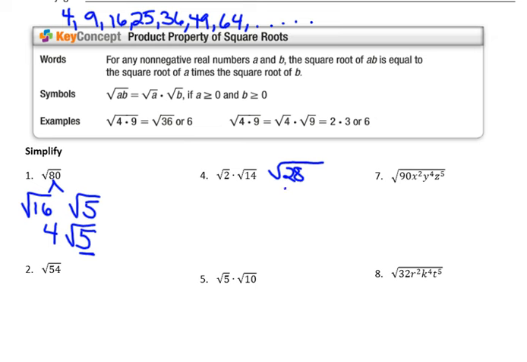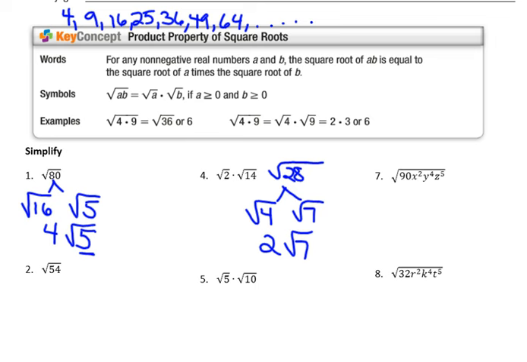I'm going to look to see, can I break that 28 up into something that contains a perfect square? Well, I know 4 goes in. So I'm going to break this up into 4 and 7, because 4 times 7 is 28. Okay, well, I know the square root of 4 is 2, so it's 2 radical 7.